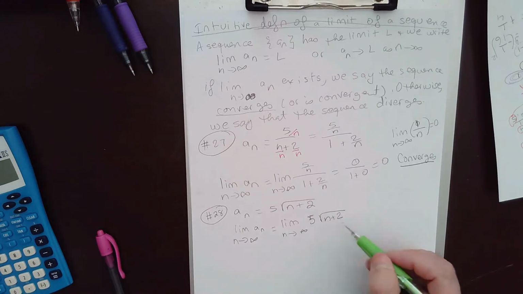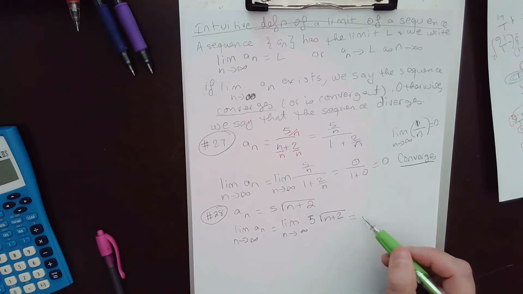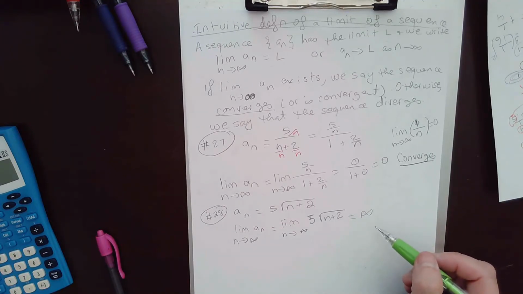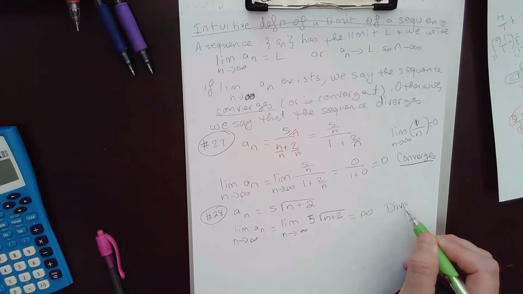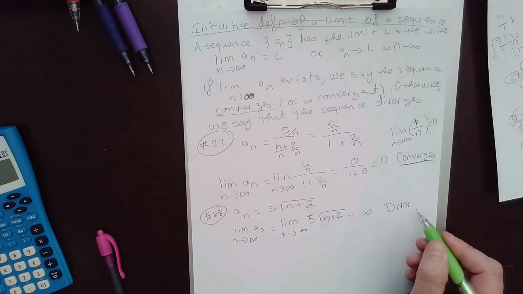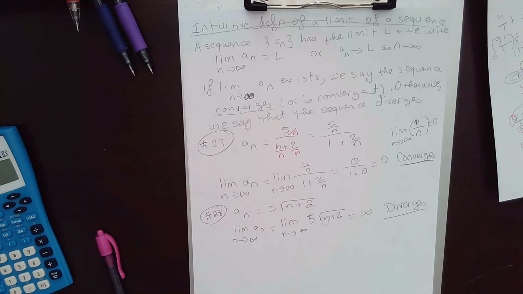Wouldn't that be infinity? So this is infinity. The limit doesn't exist, so this one diverges as n gets really large. The limit is not equal to a number L, so the sequence diverges.